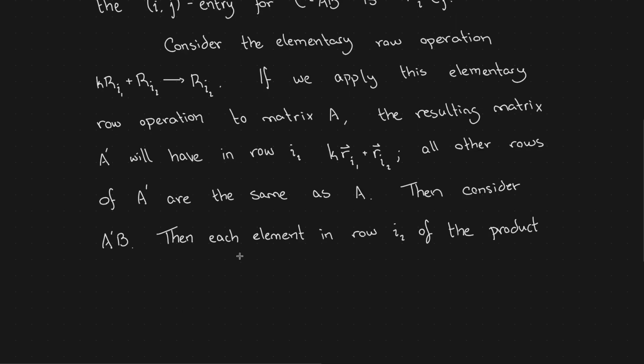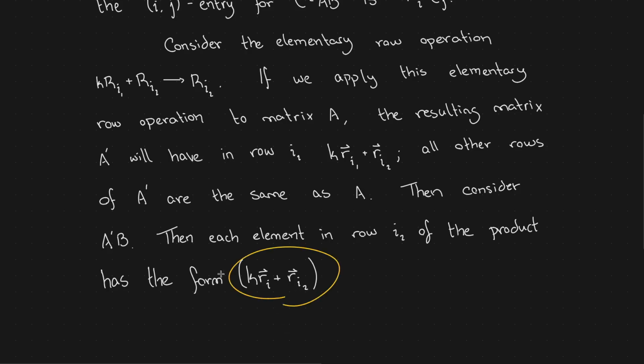So each element in row I sub 2 has the form... And so I'm going to take the element in A prime in row I sub 2, which looks like this: k row I sub 1 plus row I sub 2.